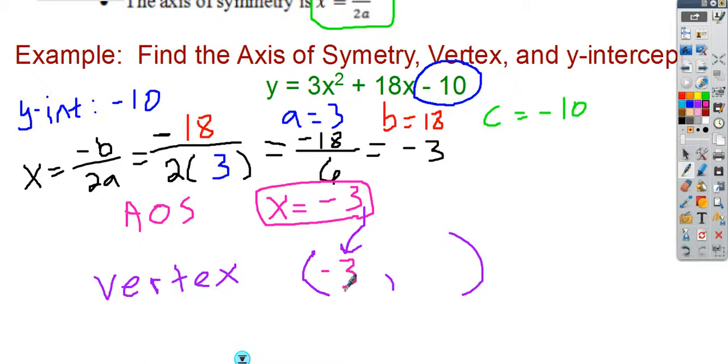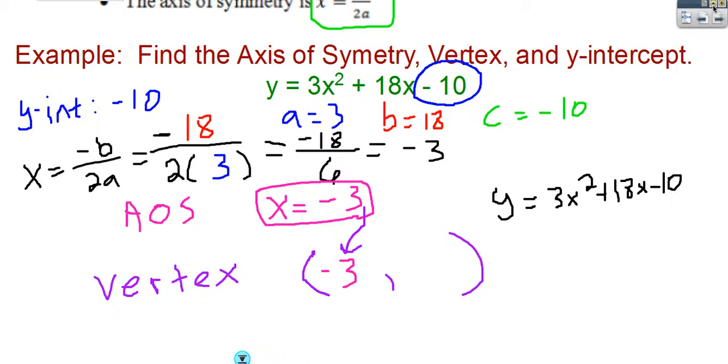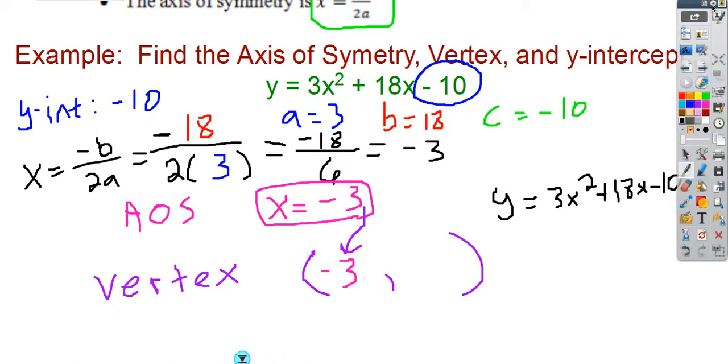So to find the y value of the vertex, what we need to do is take our original equation, okay, and plug everything back into it. So we take y equals 3x squared plus 18x minus 10. Then we plug negative 3 in.